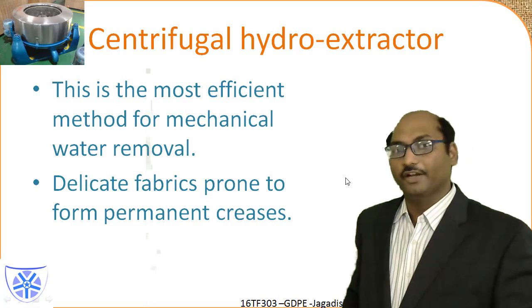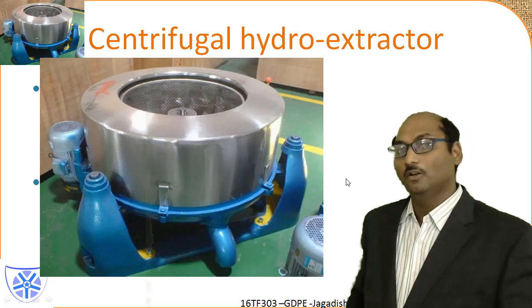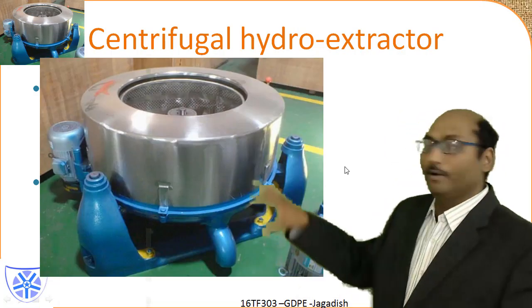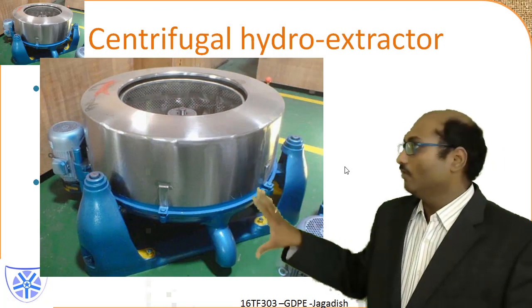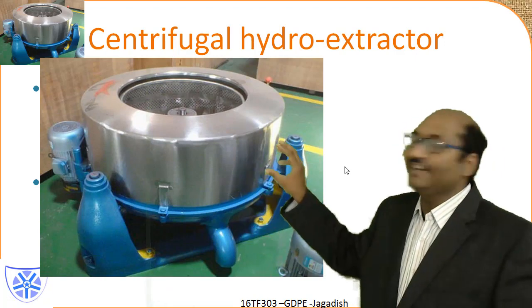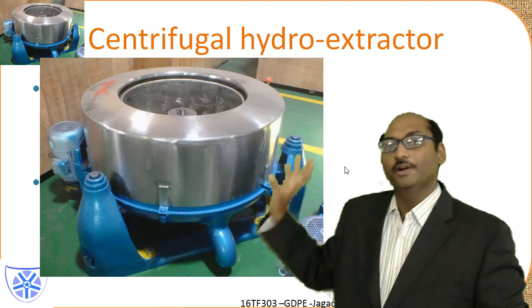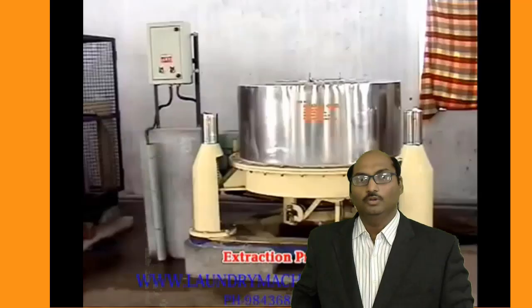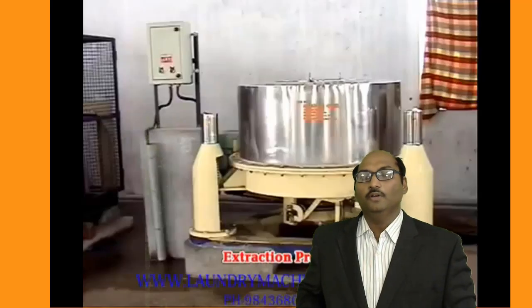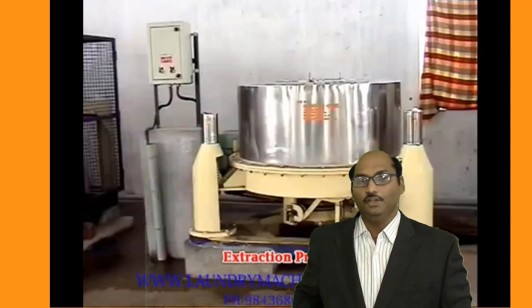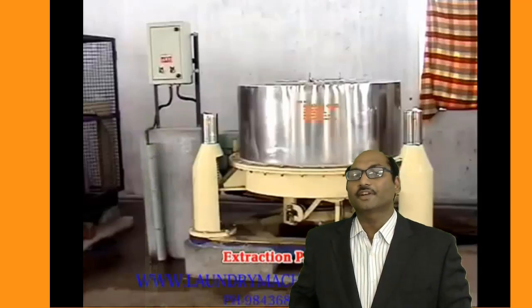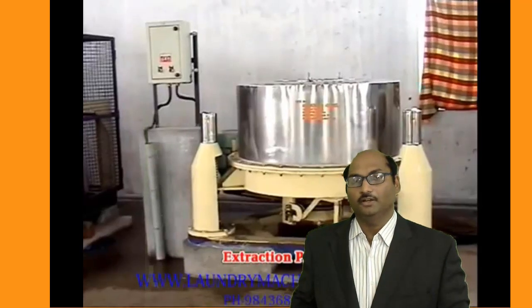So the hydro extractor, you can see the process, the outer covering, and inside is the perforated drum. Now we are going to see a hydro extractor, how it is performing, how it looks.